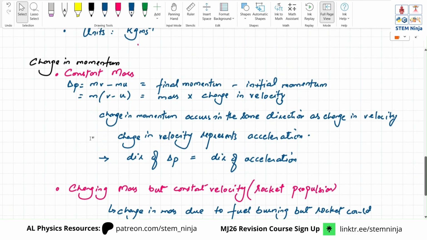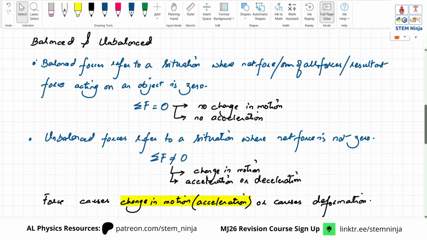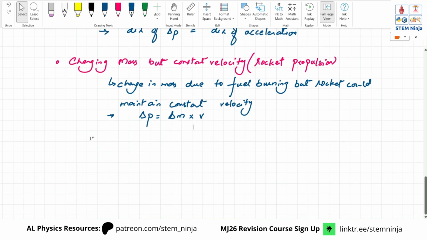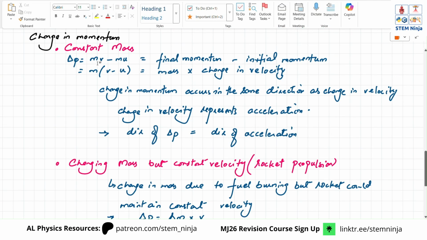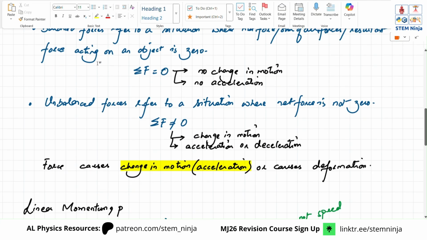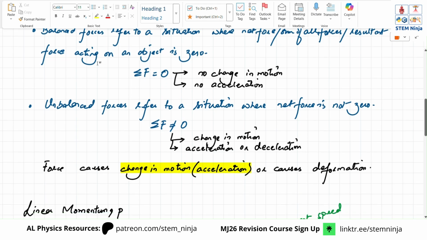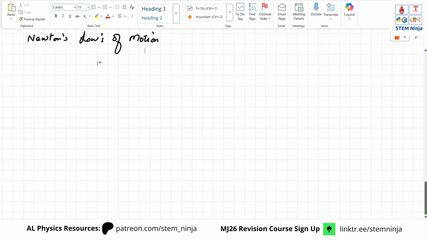Right. Now that we know a little bit about these concepts, we can talk about Newton's laws of motion, because they are going to state the same things that we have just described. But we will revisit them again, obviously.